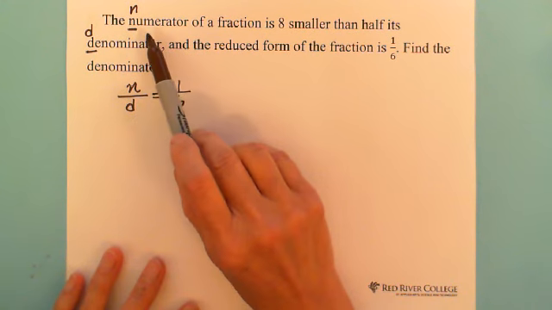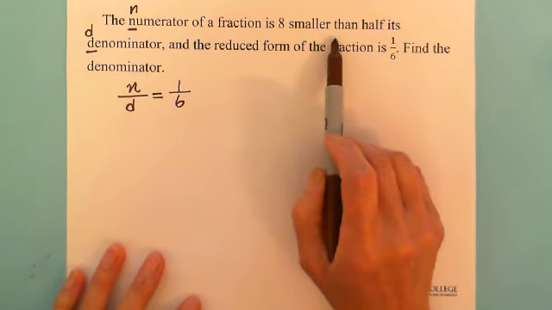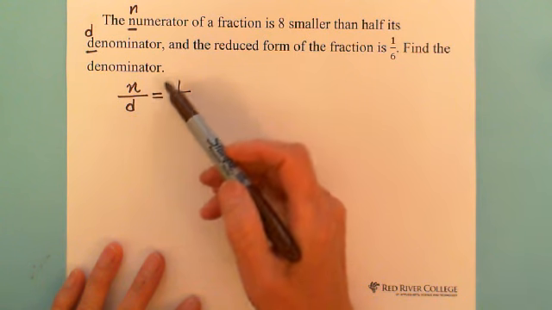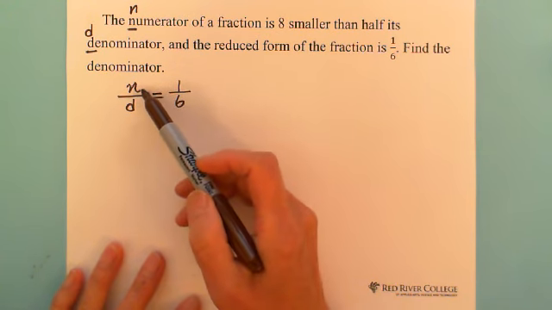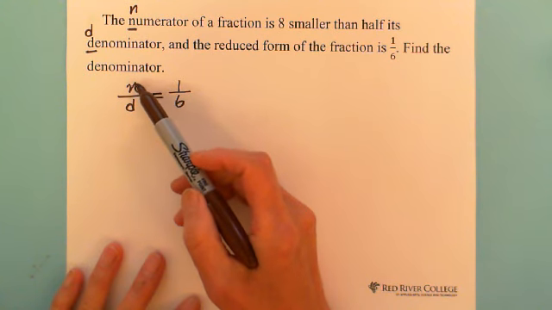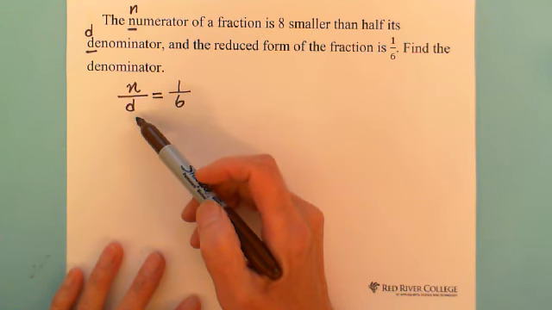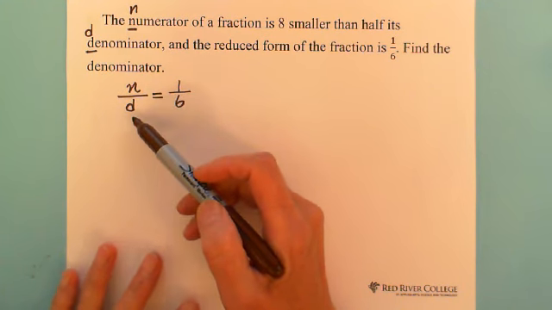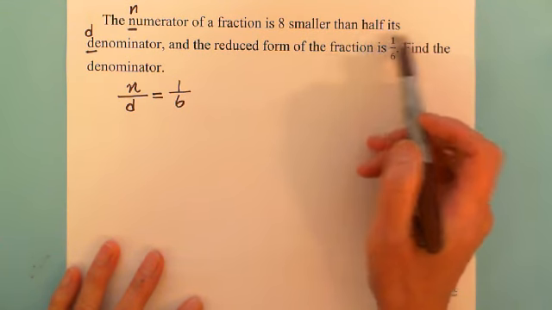The numerator of a fraction is 8 smaller than half its denominator. Obviously, before reducing, the numerator is smaller than the denominator. How much smaller? It is 8 smaller than half its denominator.